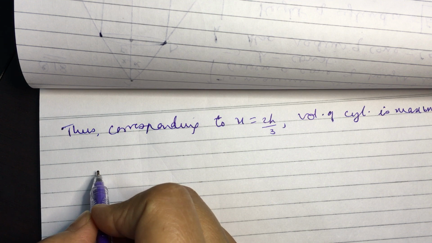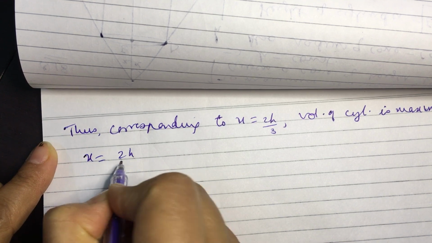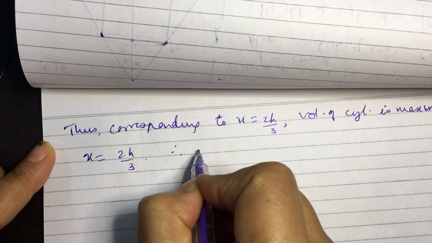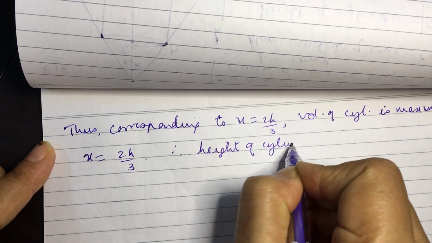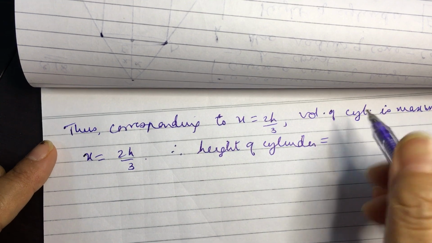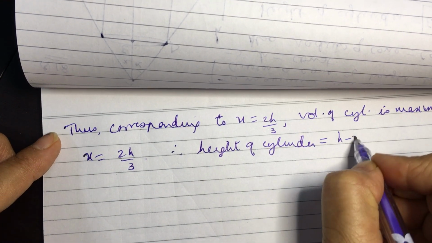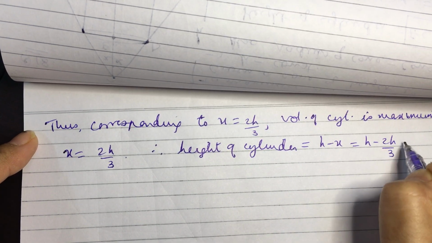So now we had got this, the height x comes out to be 2h by 3. Therefore, height of cylinder equal to, we had it as h minus x, which is equal to h minus 2h by 3, which is equal to h by 3.